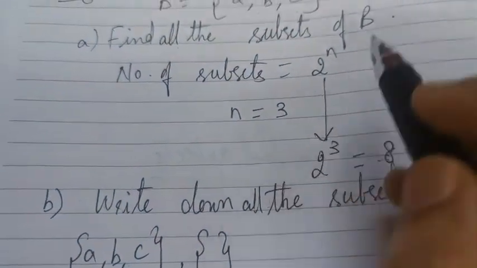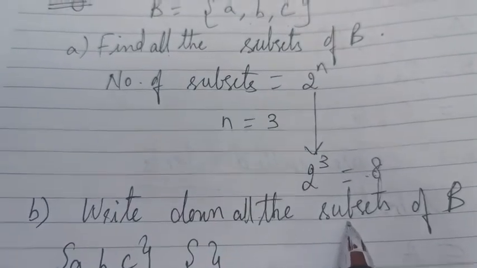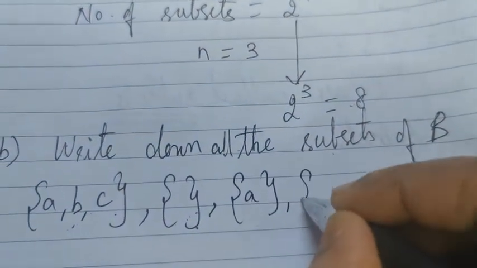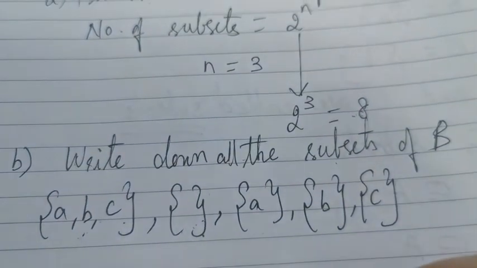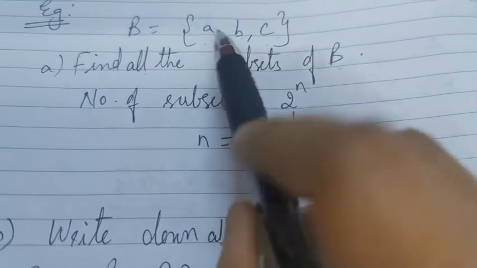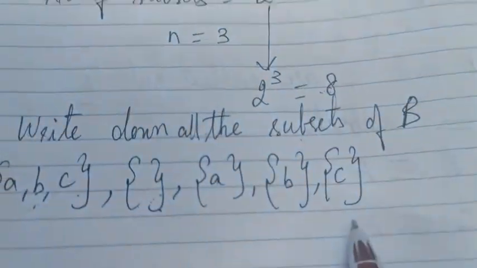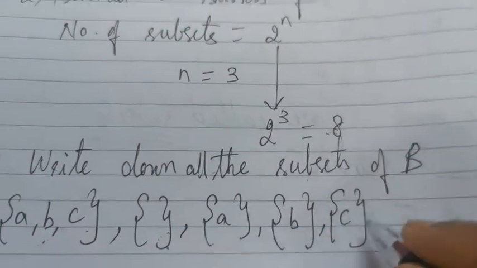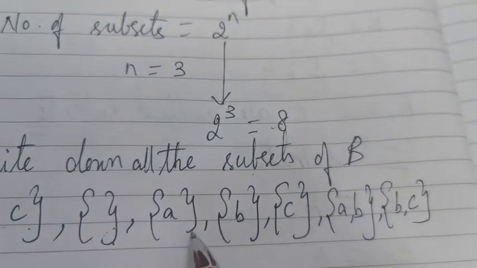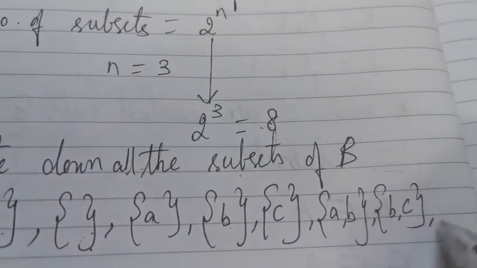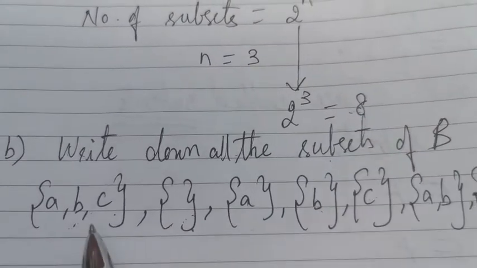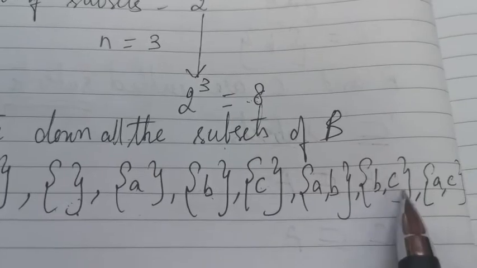So for all the questions, if they ask you to write down the subsets, first write down the set itself and an empty set. Then write down the elements individually: A, B, C. Next I will make pairs of A, B and C. So A, B, next B, C. I am pairing A with B, B with C and A with C. So let us count if we got our 8 sets: 1, 2, 3, 4, 5, 6, 7, 8.